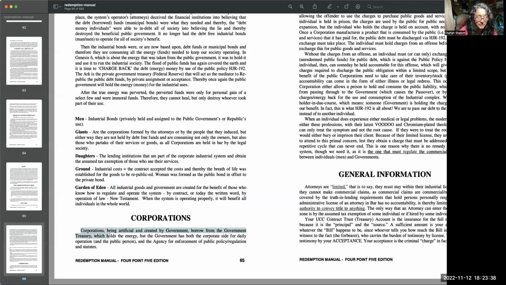And created by government, borrow from the government treasury, which holds the energy, but the government has both the corporate side for daily operation and the public person, and the agency for enforcement of public policy, regulation, and statutes.